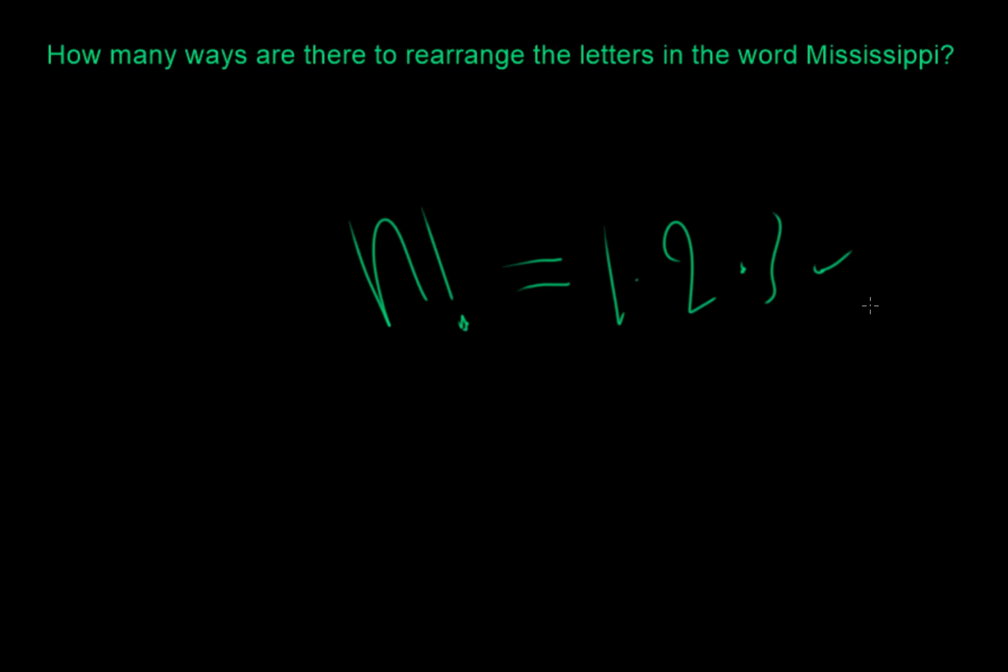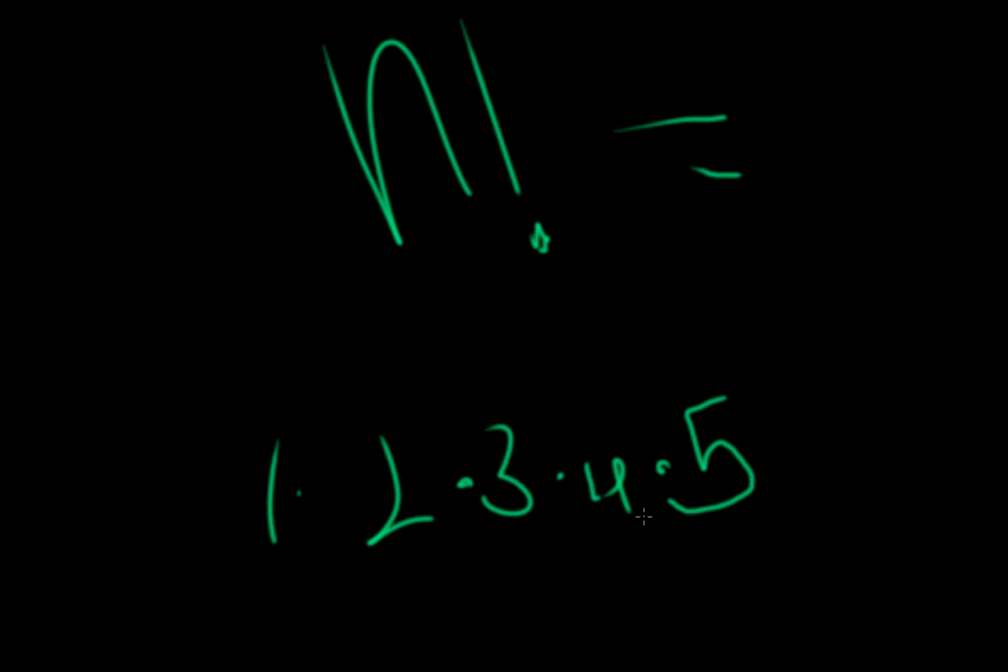times 4, and so on up till n. Let's say n is 5. Then n factorial would have been 1 times 2 times 3 times 4 times 5.